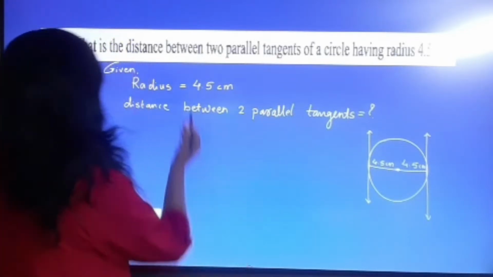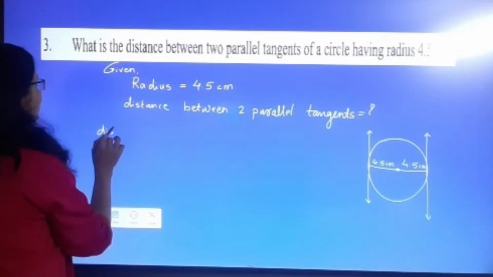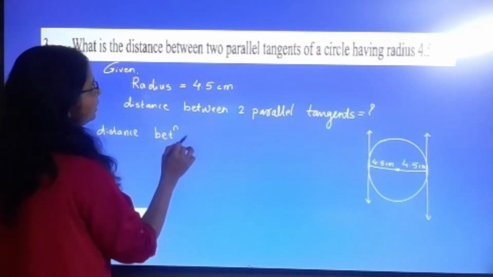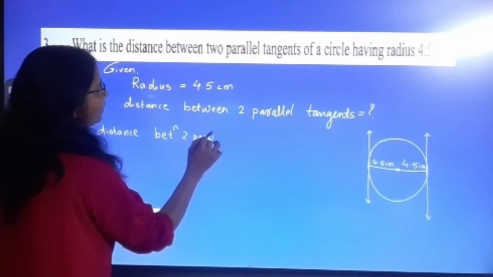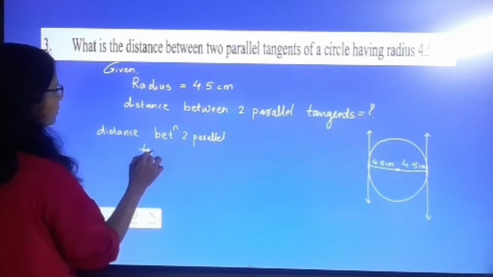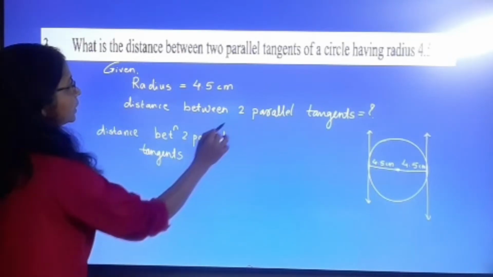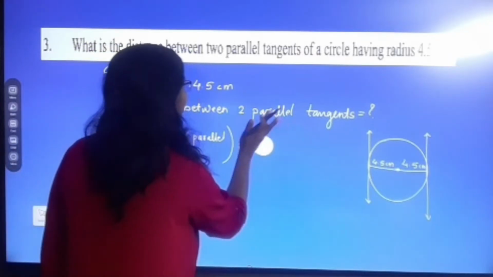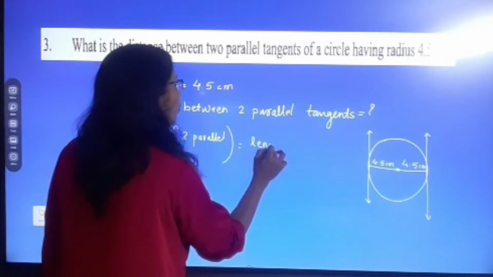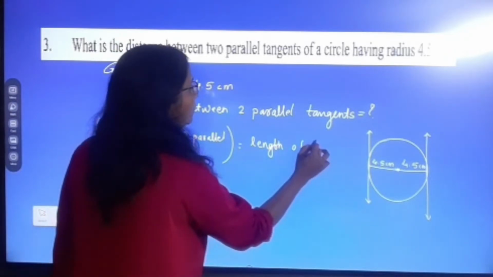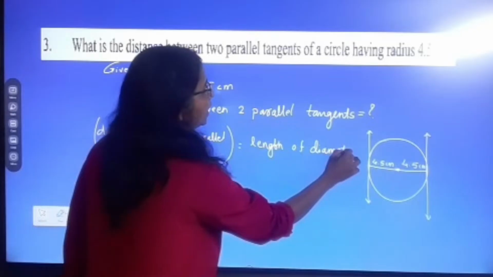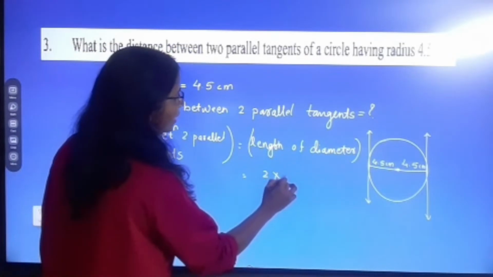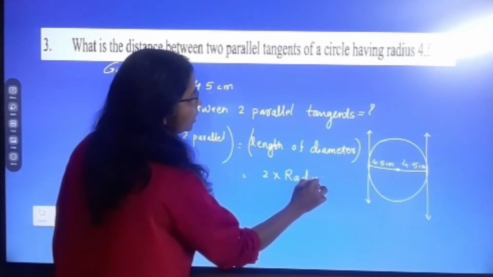And that means here students, I write here: distance between two parallel tangents is equal to diameter, is equal to length of diameter. Length of diameter means 2 multiply radius, because we have the radius.